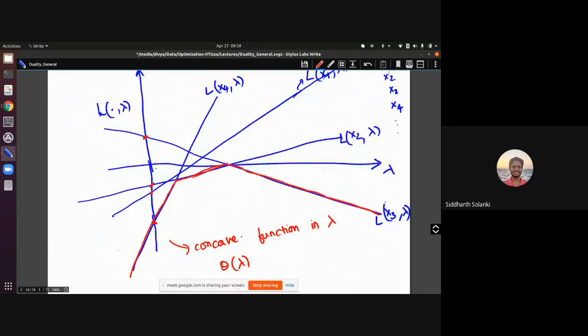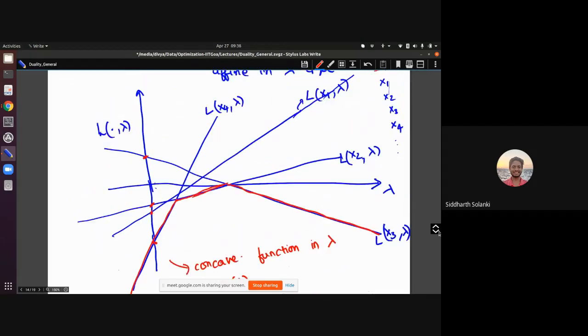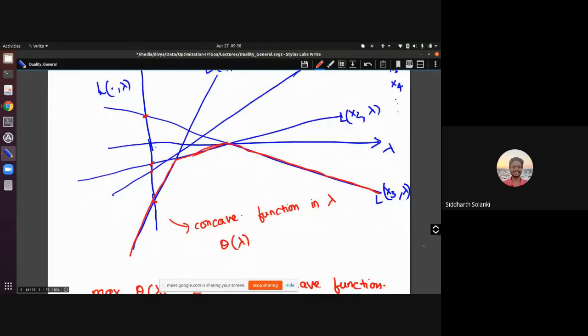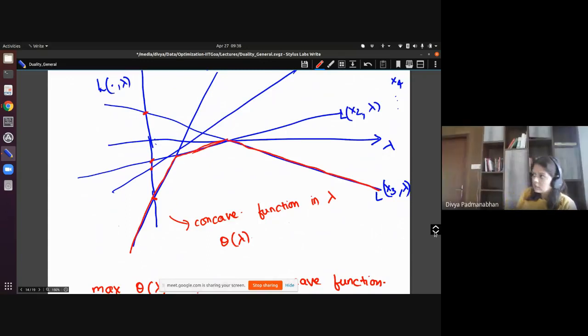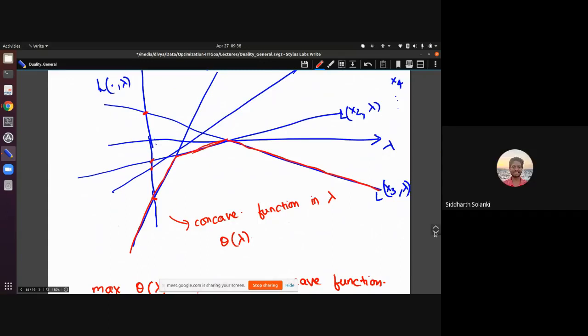Yes, ma'am. When we take the infimum over x and then convert it into a problem where our variable is only lambda, then for every lambda that we can take, everything is a lower bound for the primal problem, right? Yes. But then the question arises: what is the objective of our dual formulation?